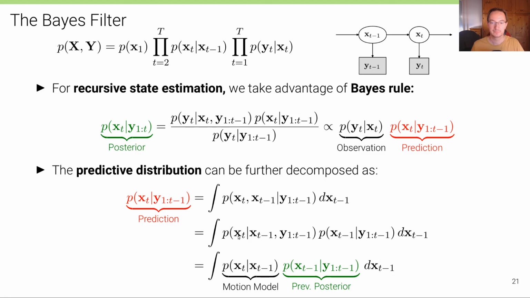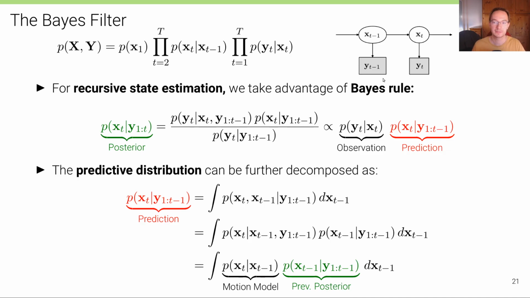We know that xt given xt minus 1 and y1 to t minus 1 is equal to xt given xt minus 1, because if I want to estimate this predictive distribution here, and if I know xt minus 1, then I don't need to know the previous variables here in this directed graph.